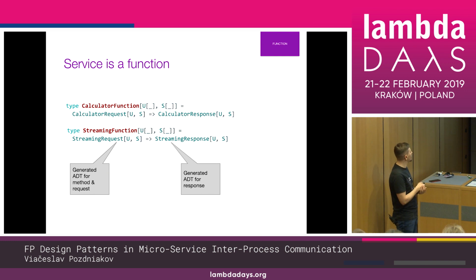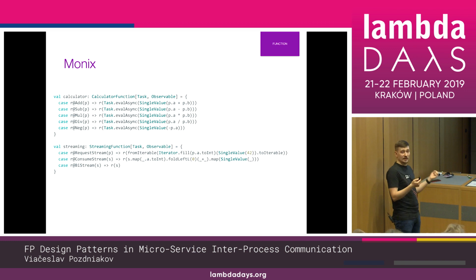Now we have these U and S, which are types for unary asynchronous type and streamed asynchronous type. So if we have Monix, for example, then we'll have Task and Observable, and then we are just doing this pattern matching, message dispatching actually. And this Add, for example, stands for the Add method, which contains the request value.